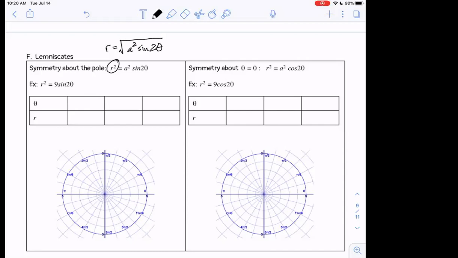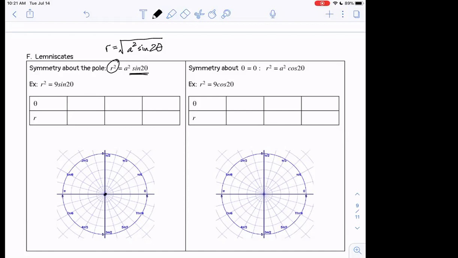Very similar to all the other stuff we've seen. If we have a cosine one, then it's going to be symmetric about theta equals 0. But one thing that is a little bit different in this case, and this comes from the square part, is that the sine of 2 theta is actually symmetric about the pole, which you can think of as the origin.